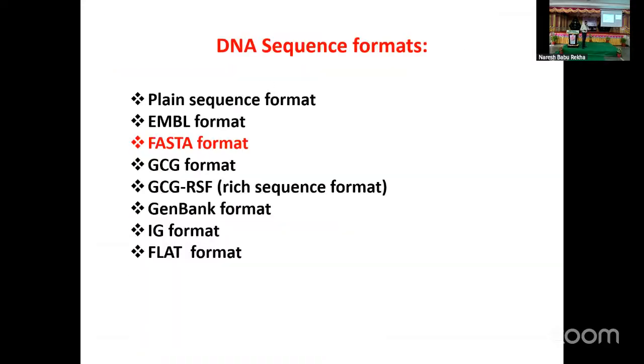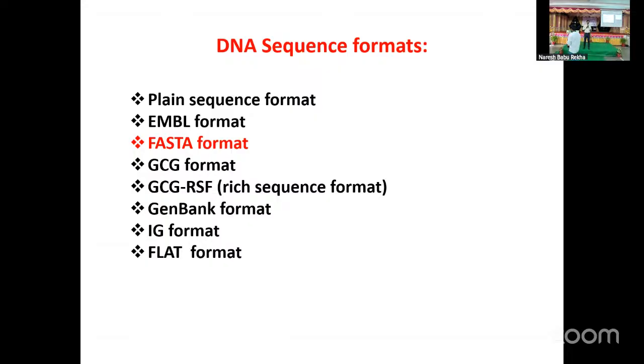Then whenever you do the sequencing, we have DNA or RNA or protein, but it has some format. For videos, what formats will there be? Either AVI format or MP4 format. For songs, it is the MP3 format.